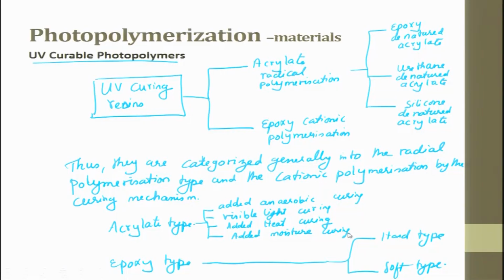So, this slide in totality talks about UV resin, acrylated, epoxy, and what are the different kinds of it. Then two types of curing, that is acrylate type is adding anaerobic curing, visible light curing, heat curing and moisture curing. Epoxy type is hard and soft types. So, other than this we also have radical type products whose main material is silicon. So, these are the primary materials which are used in photopolymerization.